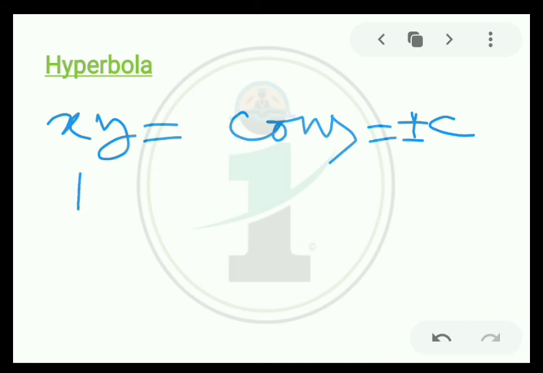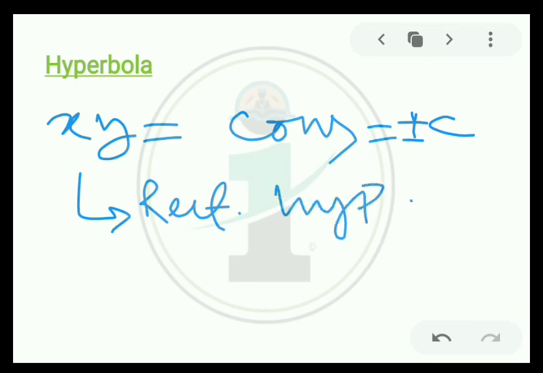This is called the rectangular hyperbola, which we have faced in our previous days. If you can remember, you have studied Boyle's law from the chapter Nature of Gas. We find that Boyle's law tells that pressure and volume change like this. So this is the hyperbola, and this is the rectangular hyperbola especially.